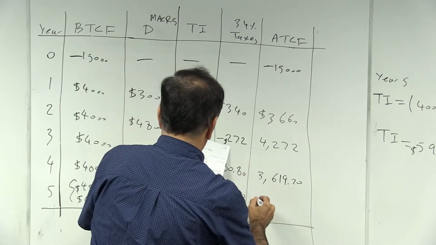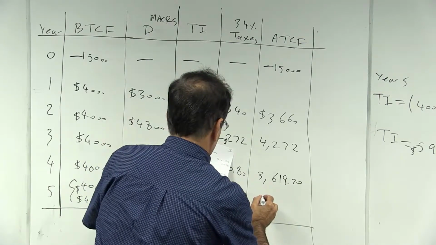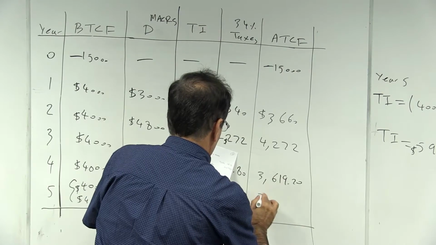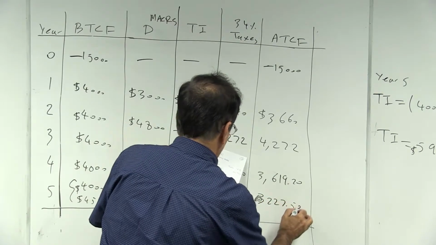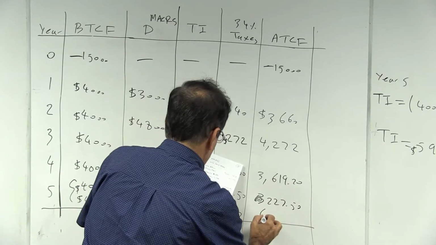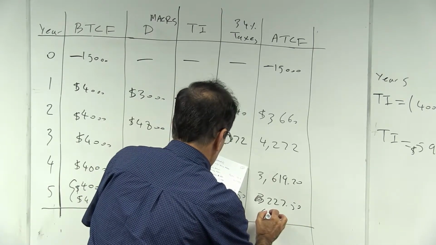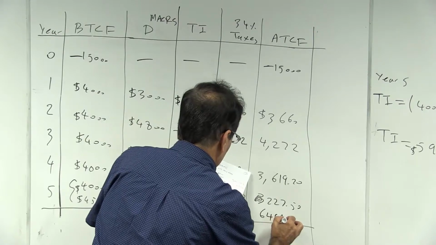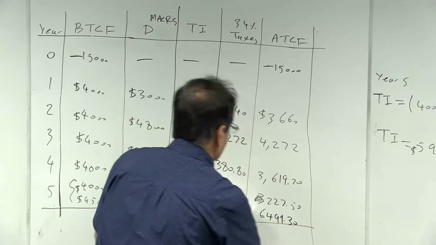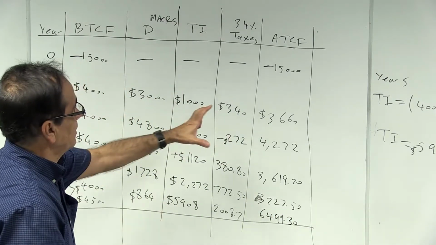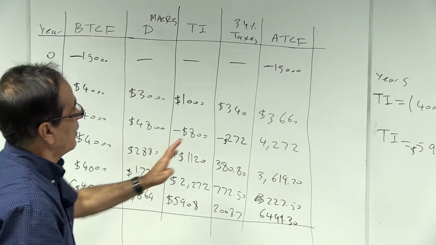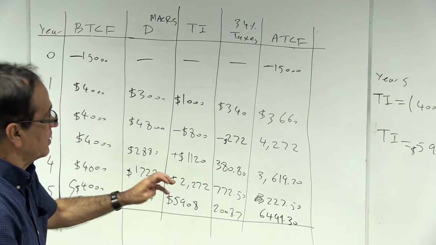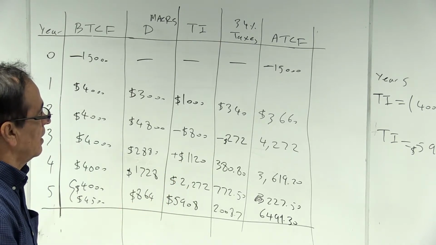And year 4 is going to be 3,227.50. And the last year is going to be $6,491.30. So that's basically your cash flow after taxes. So once we do this, we're going to come up with the rate of return equation and solve for I.